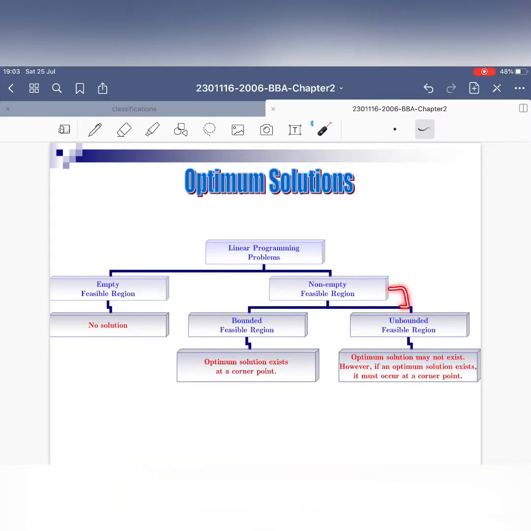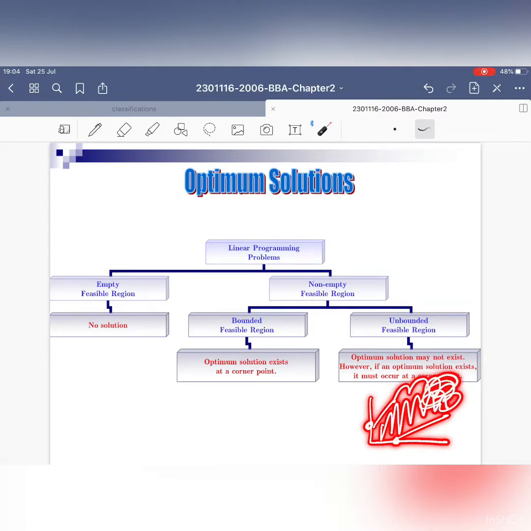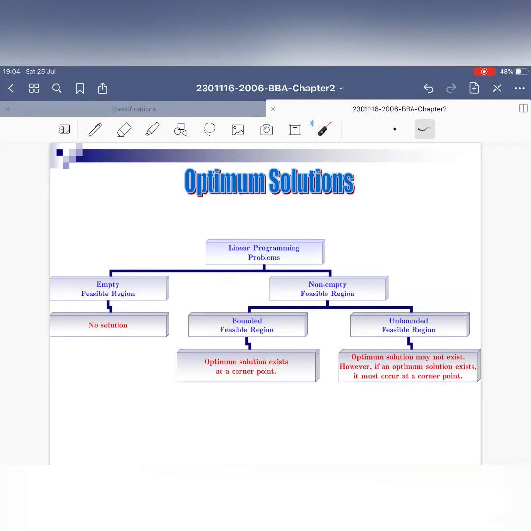However, there will be other regions, as we did before, that are unbounded feasible regions. The optimum solution may not exist. However, if it exists, it still occurs at a corner, even though it is unbounded, maybe like this. Still the optimum is somewhere at the corner, not somewhere beyond your boundary.